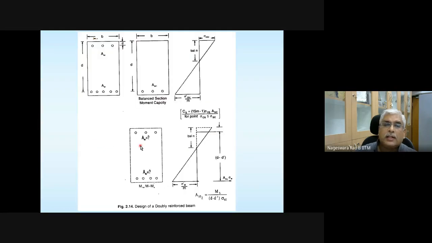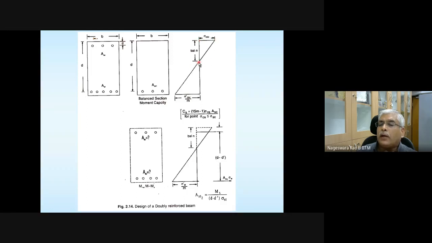Once you get the neutral axis depth for a balanced section, we can actually find the stress in concrete at the level of compression steel. Stress in concrete at the level of compression steel, that we can easily find out from this linear distribution of stress.